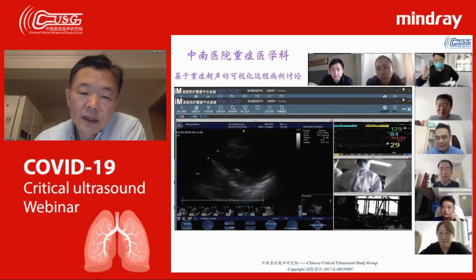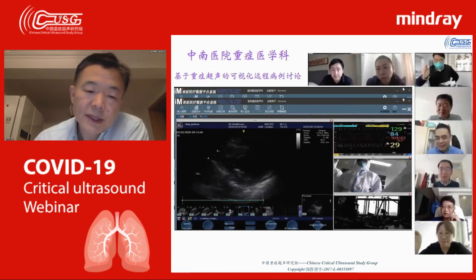And during this discussion, the experts talked to each other, discussing a lot of information about the patients. You see the patient's condition changed a little bit, and we discussed a lot about the circulation part of the heart condition and the pulmonary conditions, the antibiotics, and other treatment strategies.